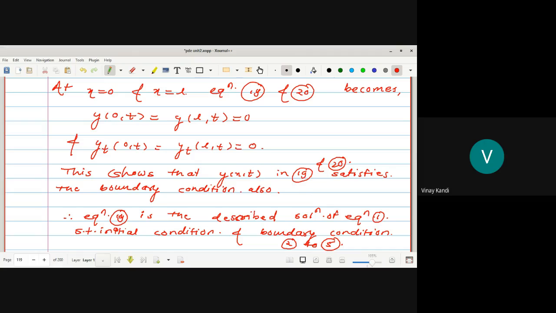Okay, so this is the solution for the finite string. Okay, the length of the string is finite.